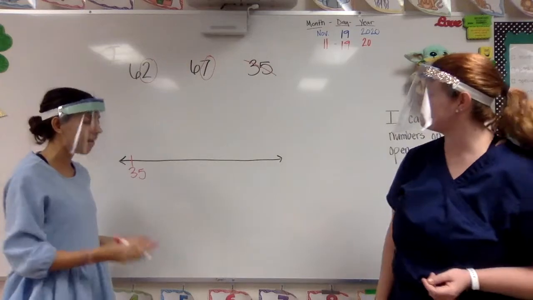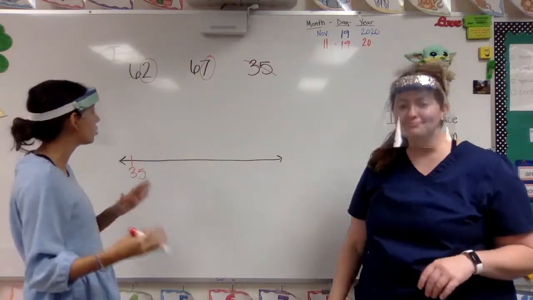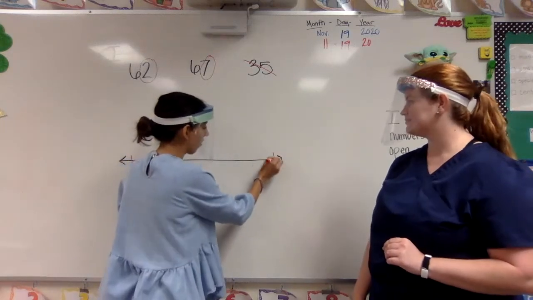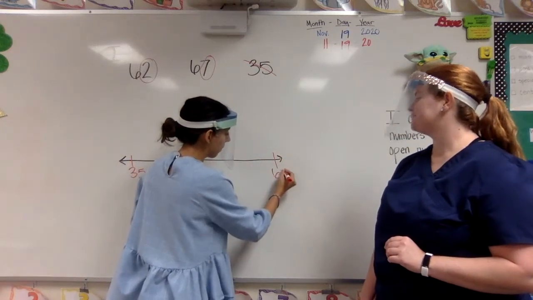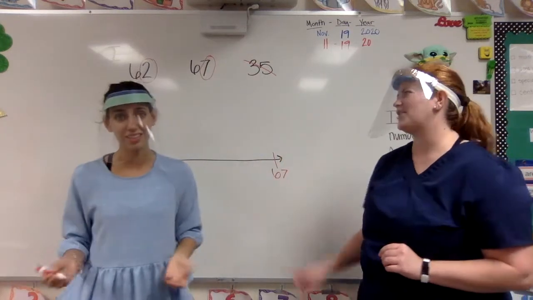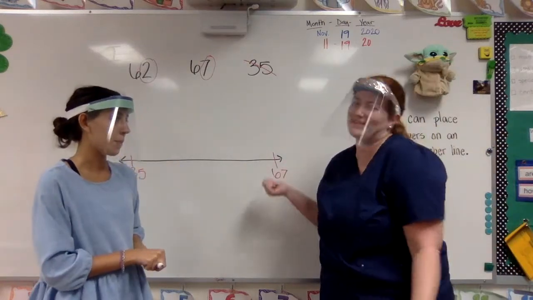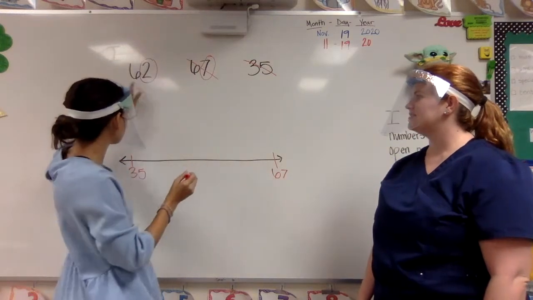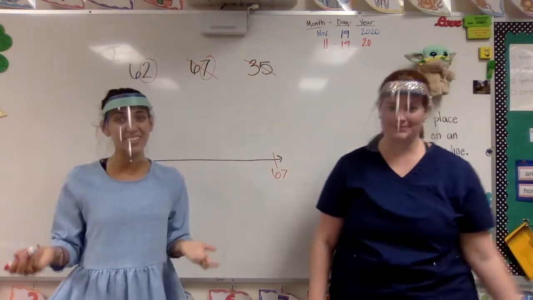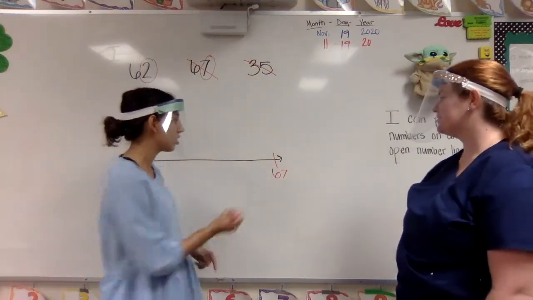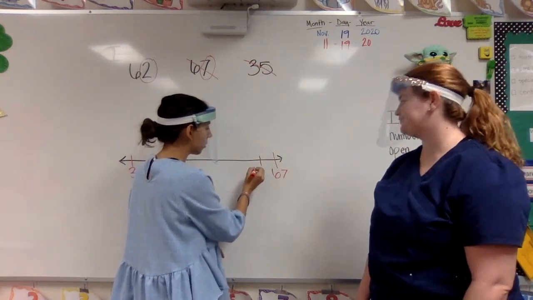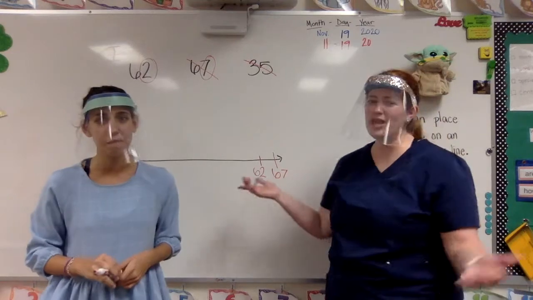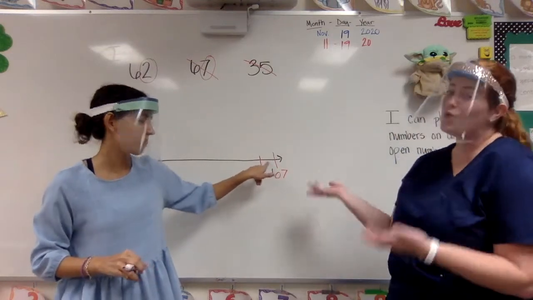Well, 7 is greater than 2. So I would have to put 67 on the greater side because it has more ones. You're not just going to put the 7. You're going to put the whole number. And then 62. Well, since the tens are the same, I know that 62 would be really close to 67. That's right. You left a gap because we know there are still some numbers that would go in between, but they're really close.